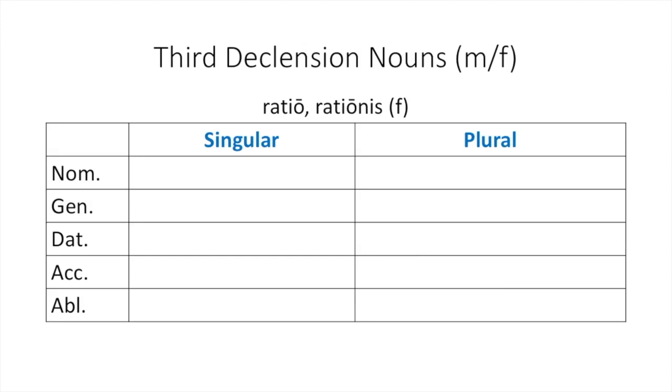As you see, this does not fit your rules for an I-stem noun. It doesn't end in an S or an X or is or es, so this is just a normal third declension noun. You already know these endings, so decline ratio, rationis and then advance the slide to see if you got it right.